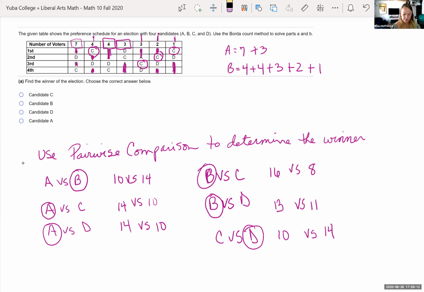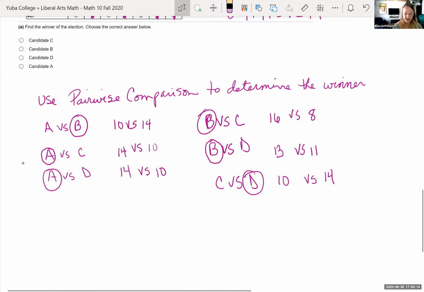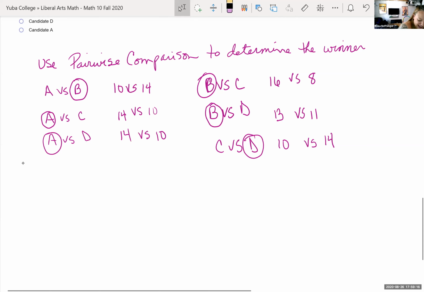So now you got to count how many times A won a pairwise comparison. If you go through here, they've only won here and here. So they have only won twice. If we look at B, then here we have that B won once here, and once here.